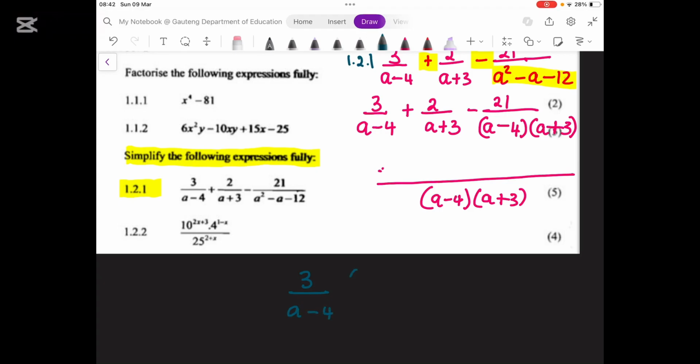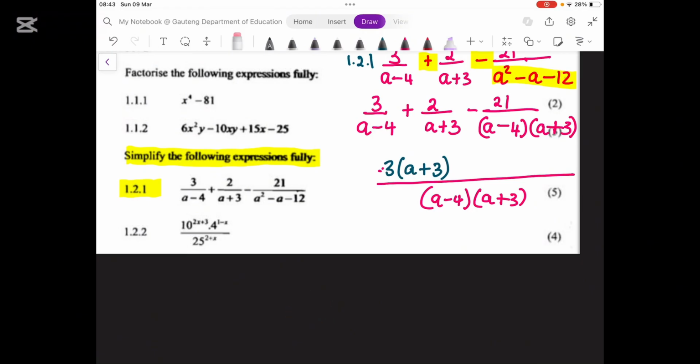What is my LCD? It is a minus 4 into a plus 3. So this and that will cancel, and we are going to remain with 3 into a plus 3.